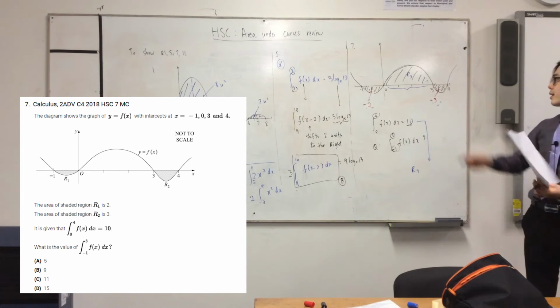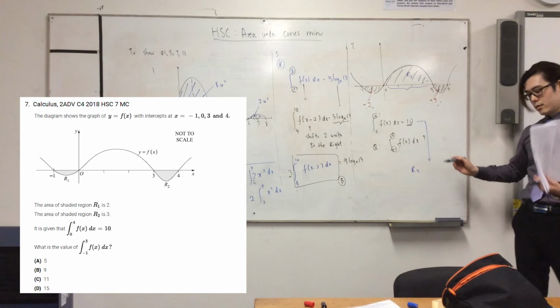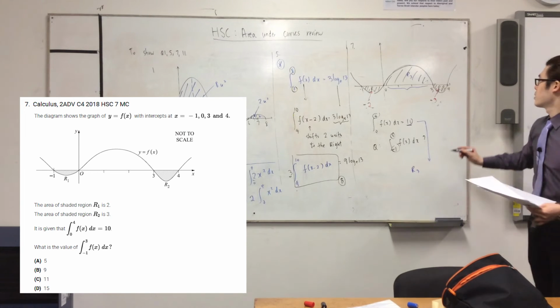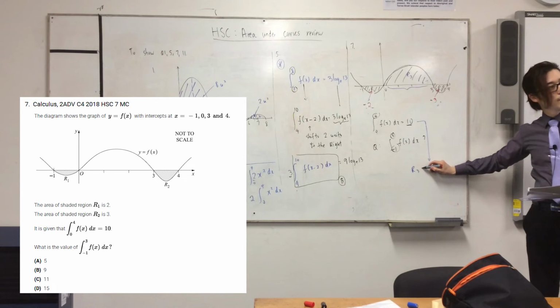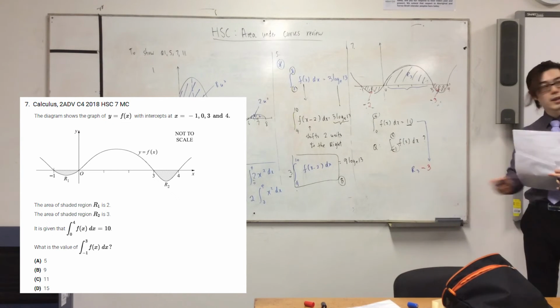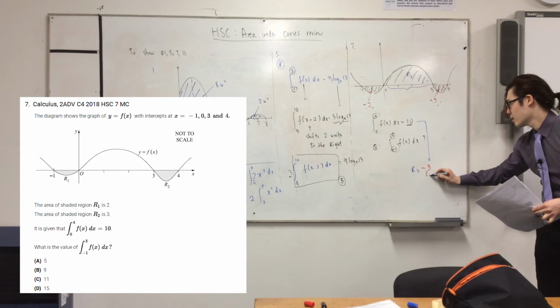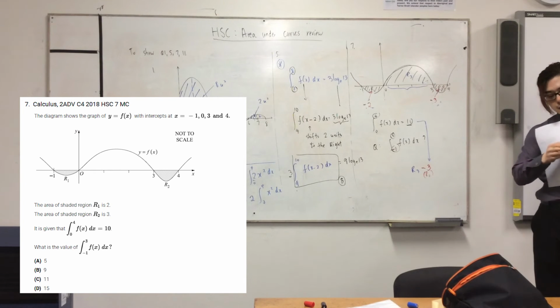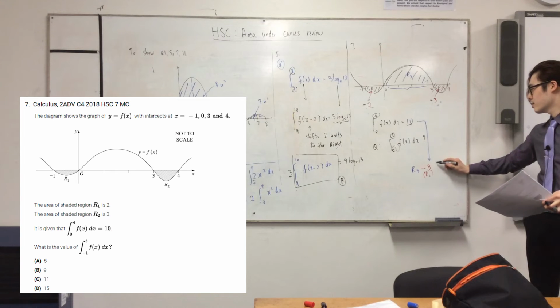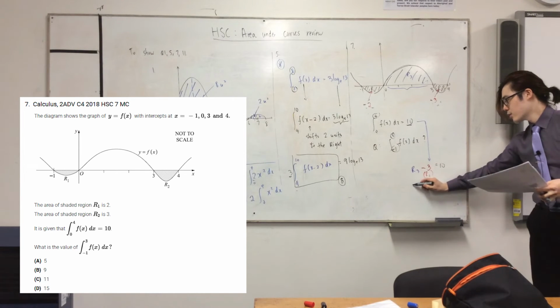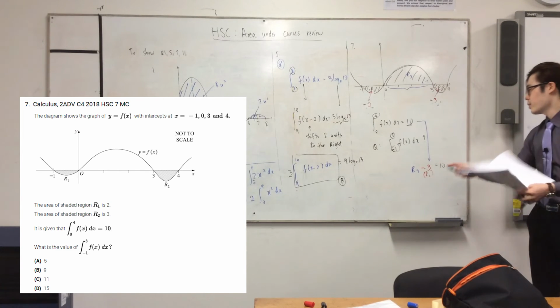Yeah? And then? Sorry, what? Does R2 equals to 10? Yeah, but we know what R2 is though. -3. Yeah, -3. That's right, because that is R2. And that is equal to, given in the question, 10. That's right. So we already know what R3 is now then, don't we?